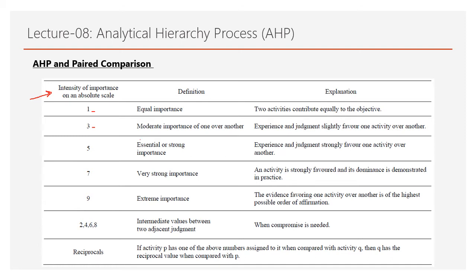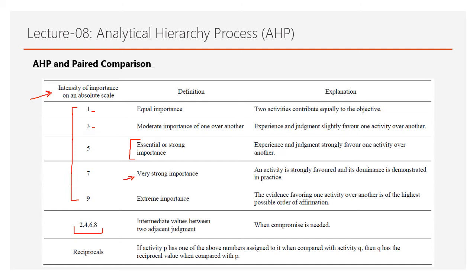If we have strong or essential importance, we're talking about 5. If the number is 7, there is a very strong importance or preference for one item over another. And in the case of extreme importance, we would use the number 9. Those are the main numbers, and we can use intermediate numbers whenever we want to show intermediate values between two adjacent judgments.